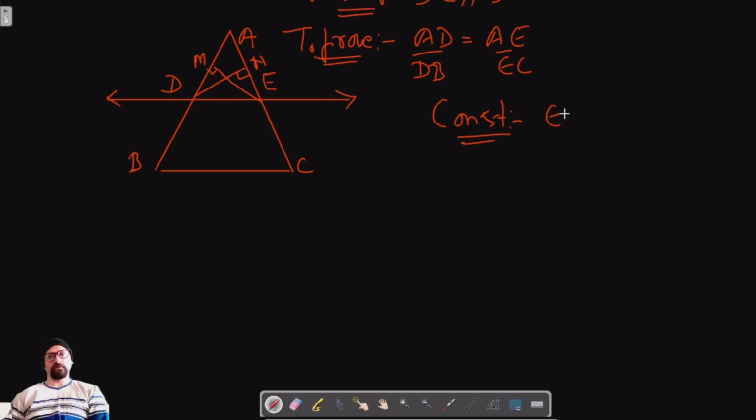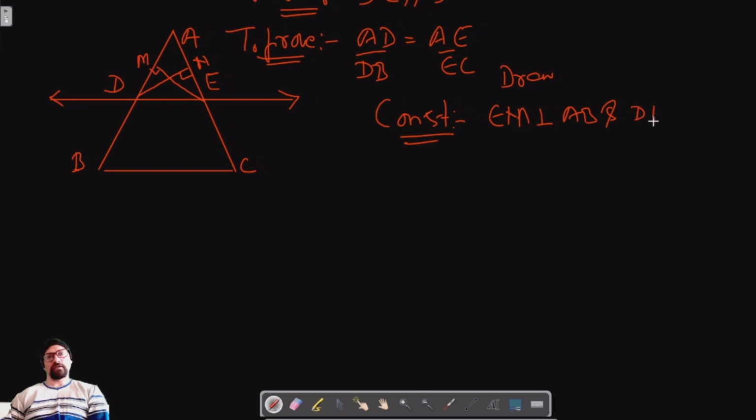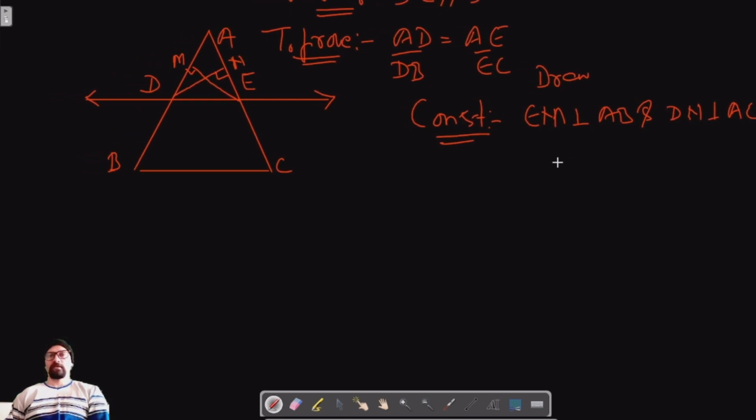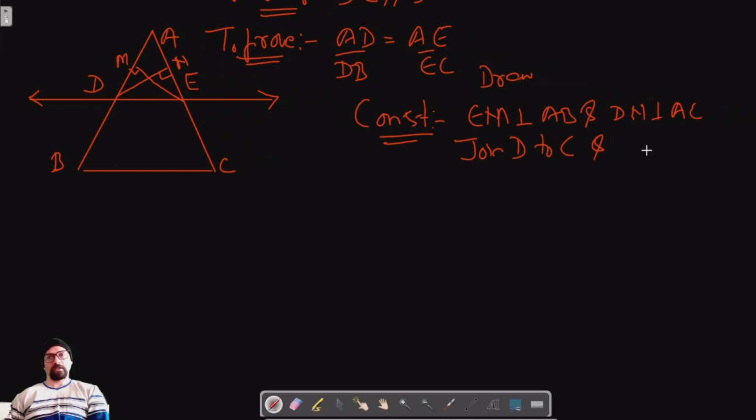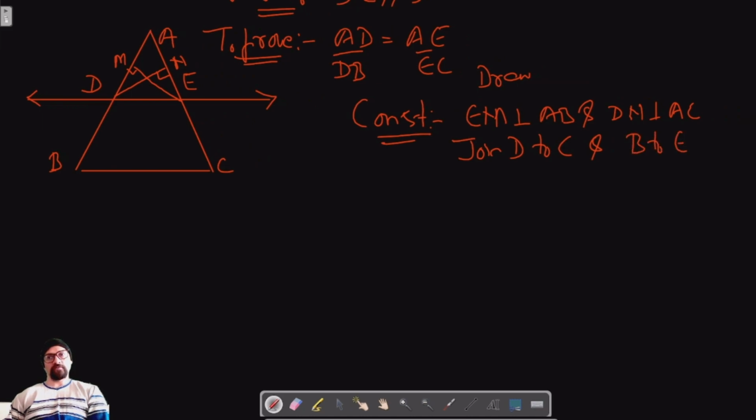So construction is draw EM perpendicular to AB and DN perpendicular to AC. And also let's join D to C and B to E.